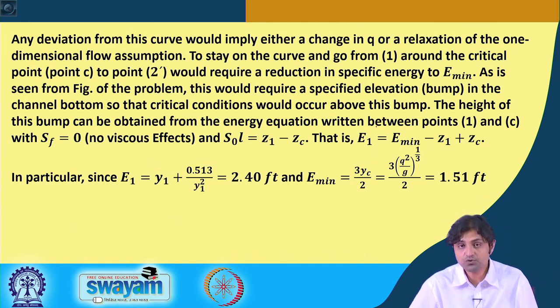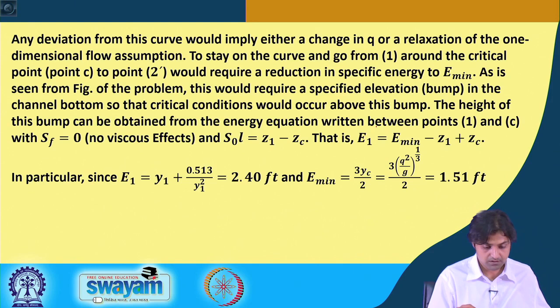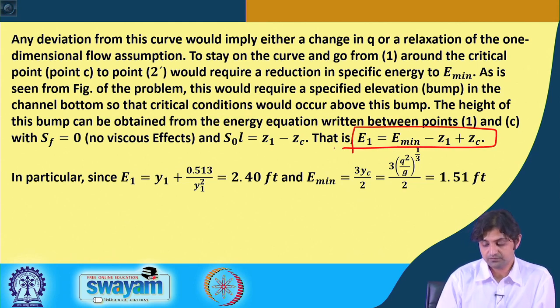So, E minimum is going to be 1.51 feet, and the top of this bump would need to be ZC minus Z1 is equal to E1 minus E min, that is, you see, E1 is going to be E min minus Z1 plus ZC critical.